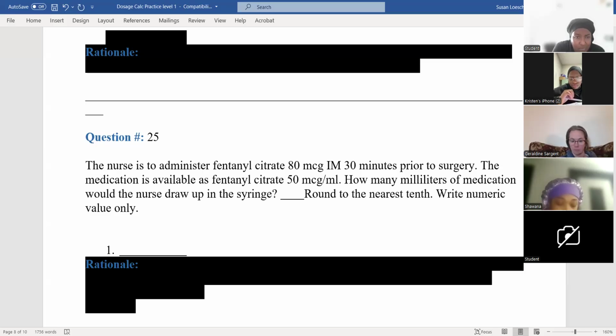All right. So number 5 says, what is the IV completion time? Now, what's different about this than the last question we looked at? And I'm going to show you. You always got to read thoroughly. Usually when you're doing these, you got to go to the total volume. But look at your total volume. It's 1,000 mLs.